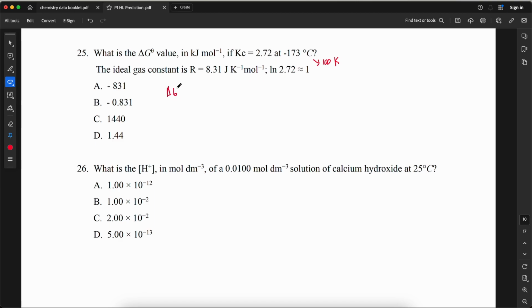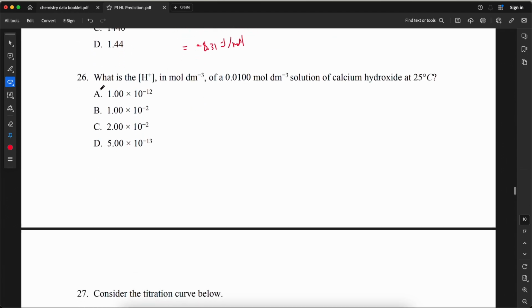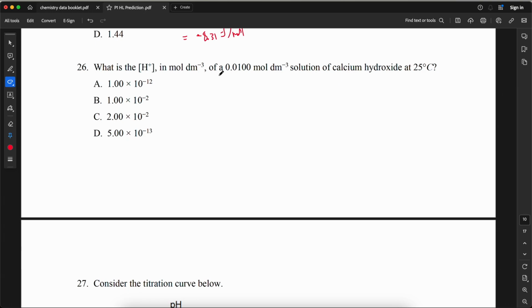So delta G equals negative RT ln K, so negative 8.31 times 100 times ln 2.72, which is 1, times 1. So that would be negative 831 J per mole. But the question is asking in kilojoule per mole, so it's negative 0.831 kilojoule per mole.